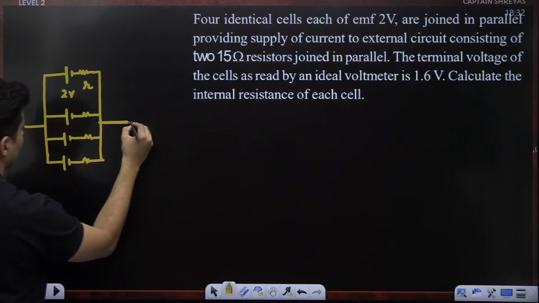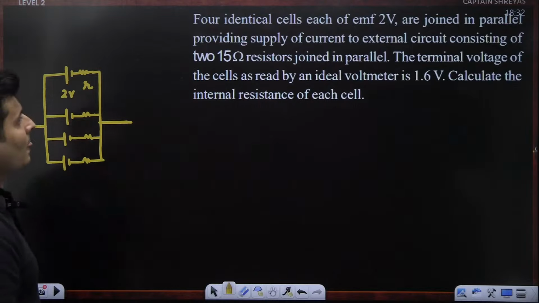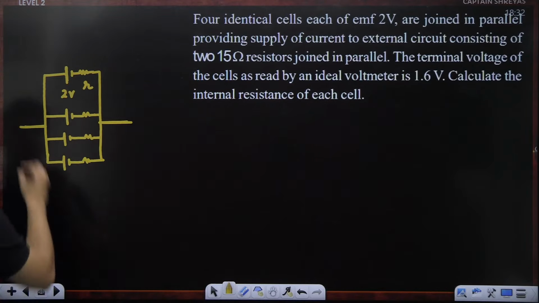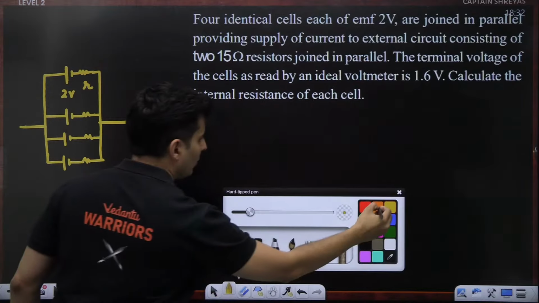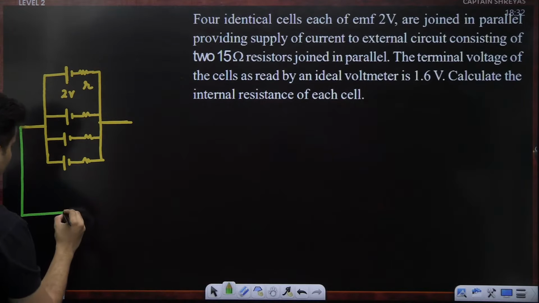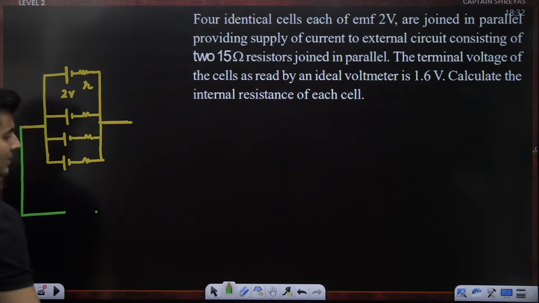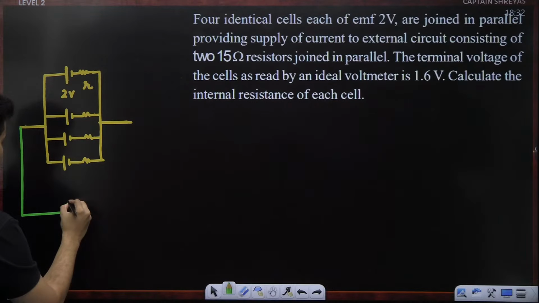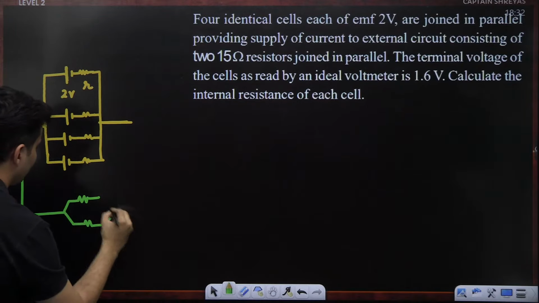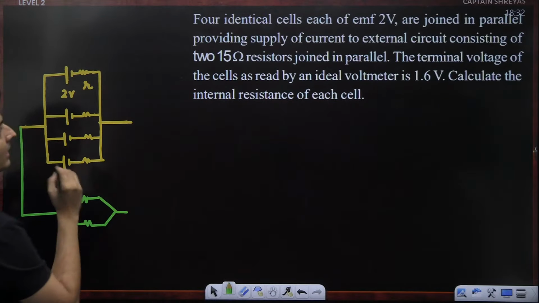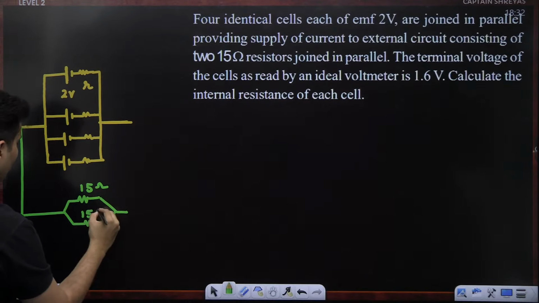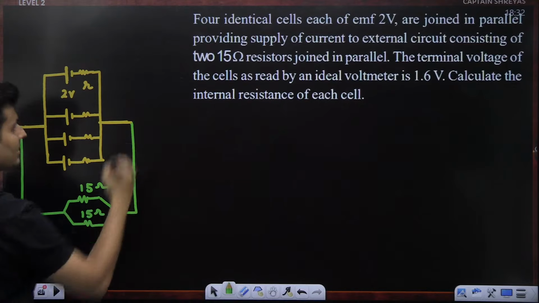These are the cells which are in parallel, and they are providing current to an external circuit. Let's take this as our external circuit, and this external circuit itself has 2 resistors in parallel. What are those 2 resistors which are in parallel? This is 15 ohms, and this is also 15 ohms. That is what it is connected.